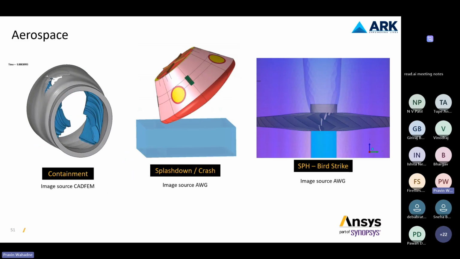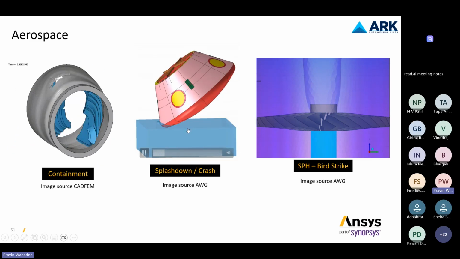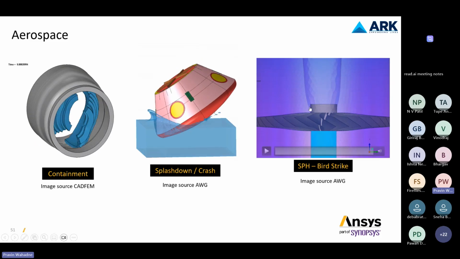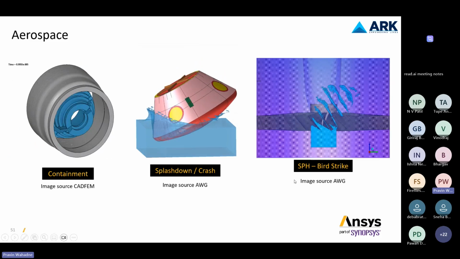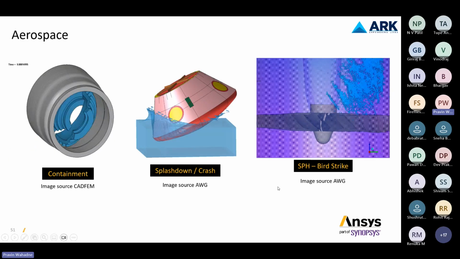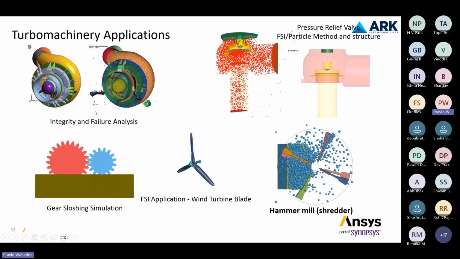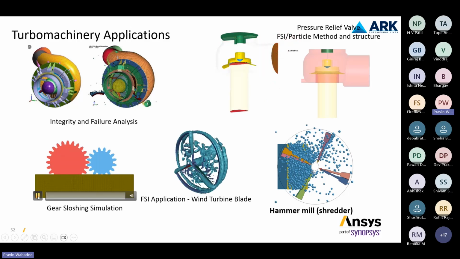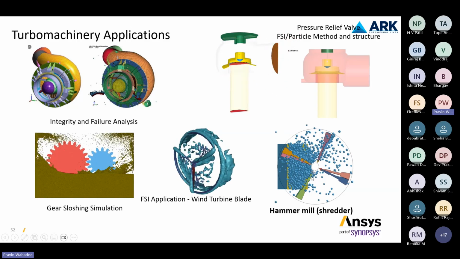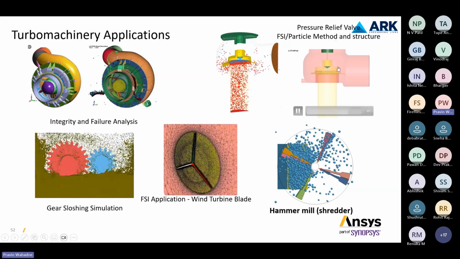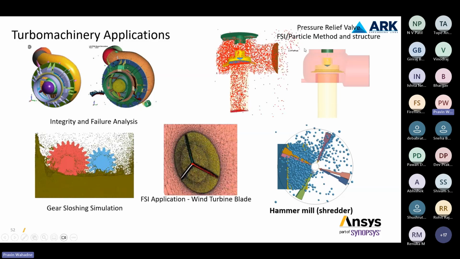In aerospace, LS-DYNA has a strong presence. These are a few simulations performed by our partners: SPH, bird strikes, or Ansys partners. Turbomachinery applications also, if you see FSI techniques, gear sloshing simulations, hammer mill threads, pressure relief valves with FSI, particle method and structure.